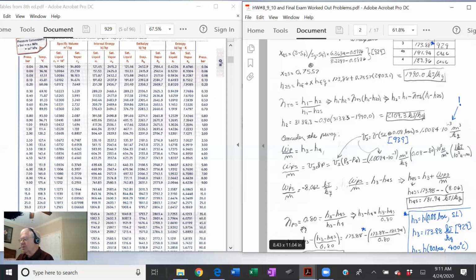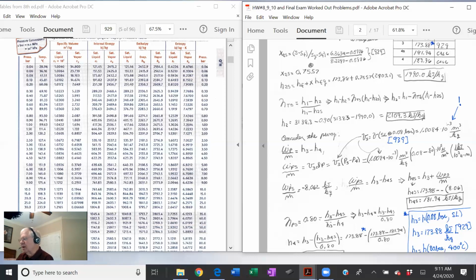I know the isentropic pump efficiency is 80%, by the way, which is customary. That's a very realistic number. So now I can use my isentropic pump efficiency equation: H3 minus H4S over H3 minus H4. Or if I want to use what's in the book, I can turn these around: H4S minus H3 over H4 minus H3. It doesn't matter, you get the same answer.